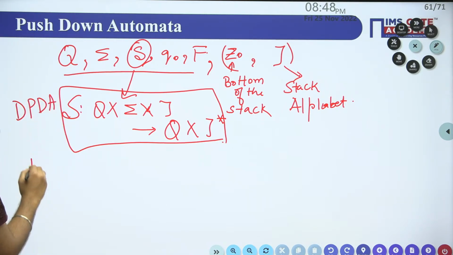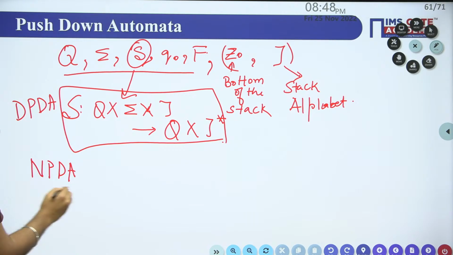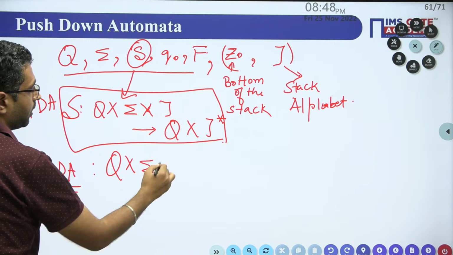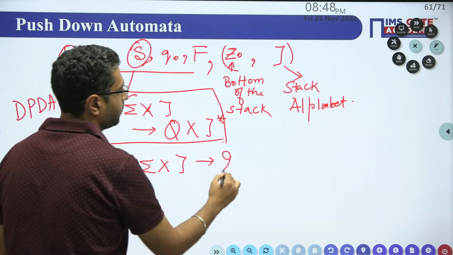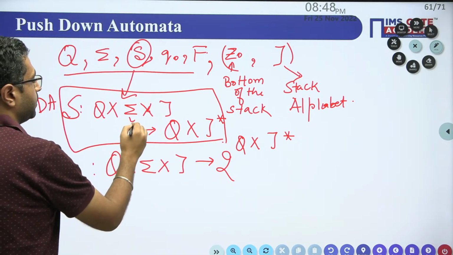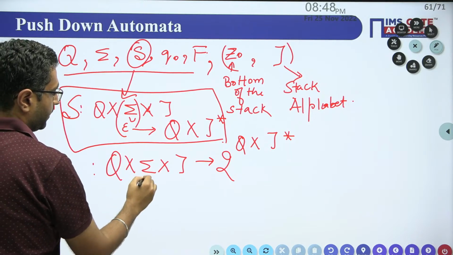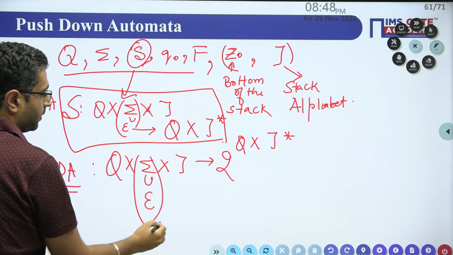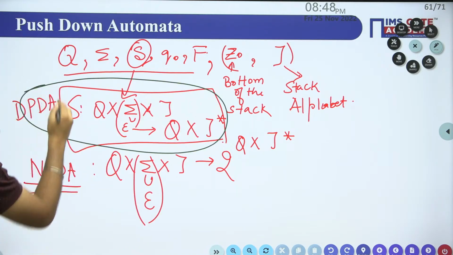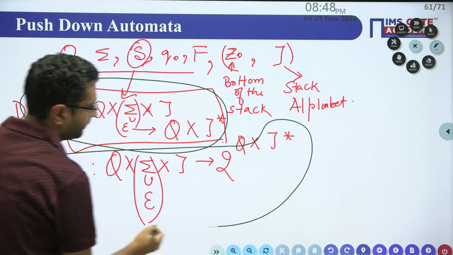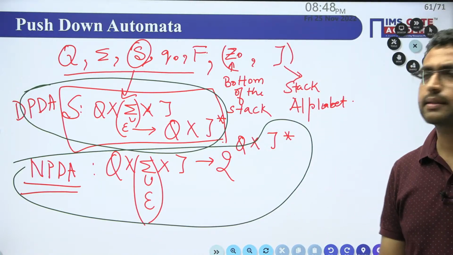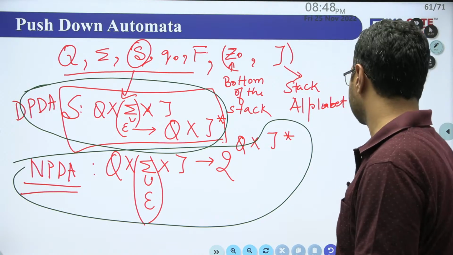If I make it a non-deterministic pushdown automaton, the delta function looks like Q cross sigma cross tau goes to 2 raised to power Q cross tau star. There is one mistake: sigma union epsilon is also included, so over here it also has to be sigma union epsilon. So this is how we define the transition functions for DPDAs, and this is the transition function for NPDAs, right? So this is briefly what a pushdown automaton is.